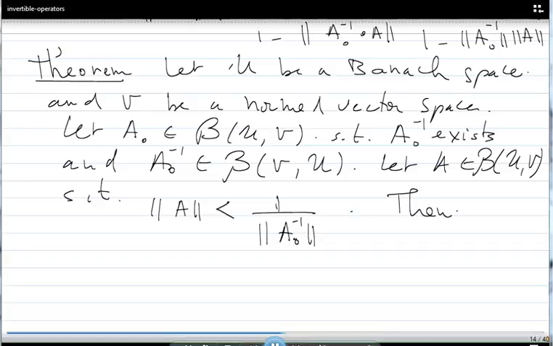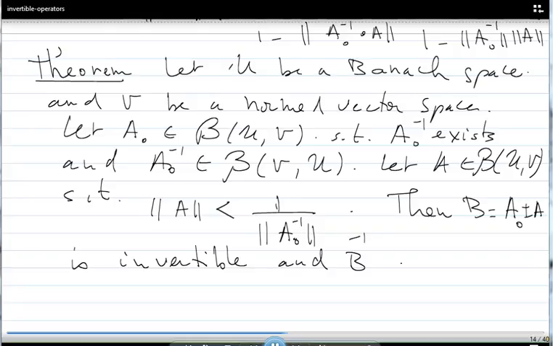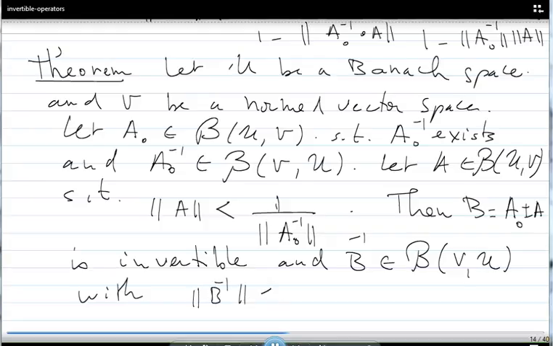Then B equal to A0 plus minus A is invertible, and B inverse is bounded with control over its norm: the norm of B inverse is less than the norm of A0 inverse over 1 minus the norm of A0 inverse times the norm of A.